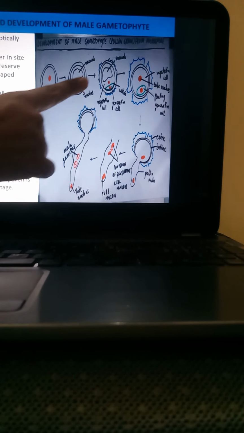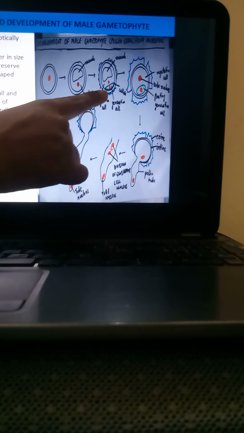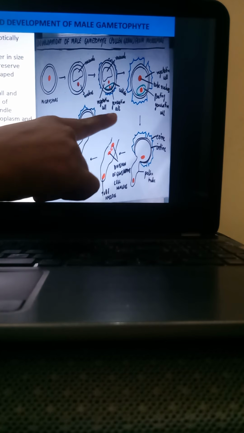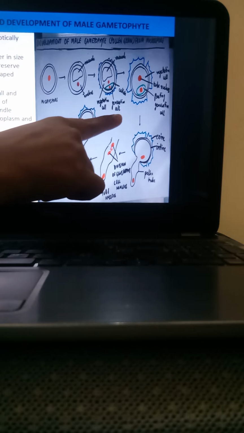This larger cell which is being formed is called the vegetative cell because it has no role in the formation of gametes or in fertilization, whereas this smaller cell which is being formed here is called the generative cell because it is this cell which will be generating the male gametes.